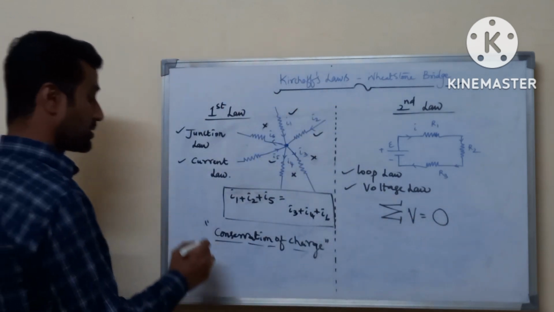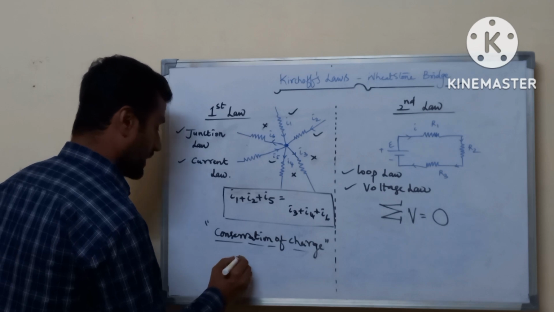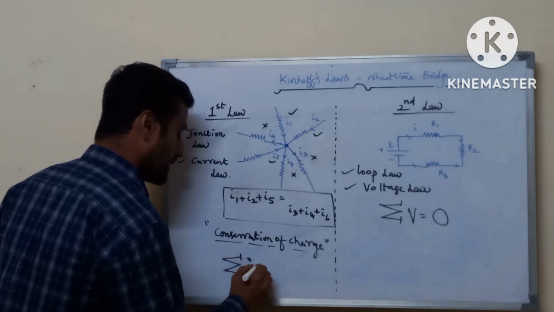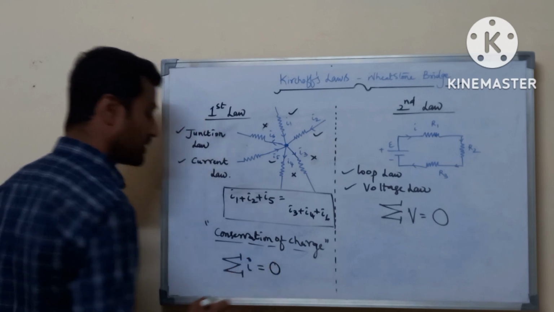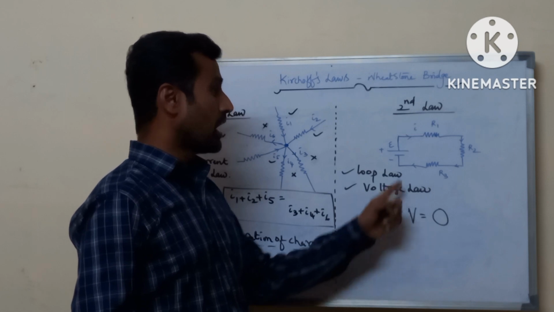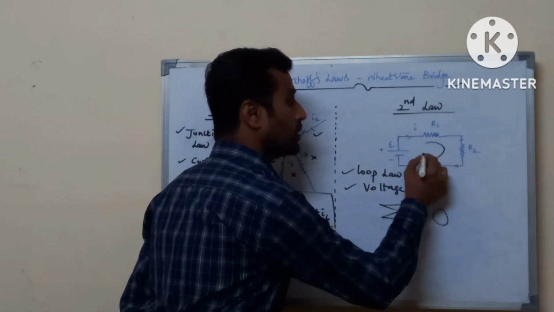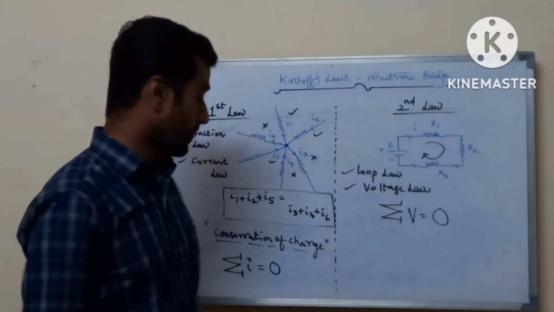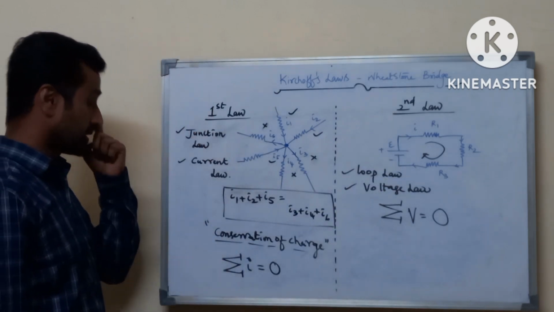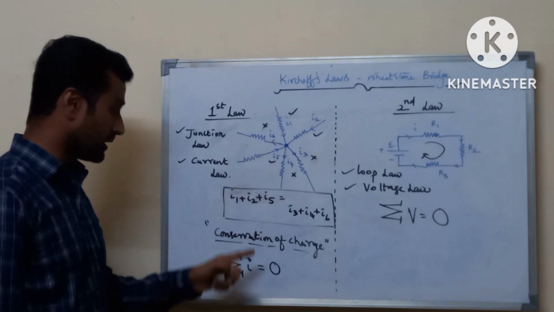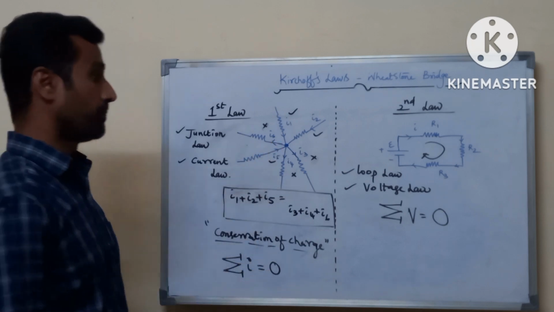The first law is also stated as the algebraic sum of currents at a junction is equal to 0. The algebraic sum of potential across any closed loop being 0 is the second law, and the first law states that the algebraic sum of currents at any junction is equal to 0.